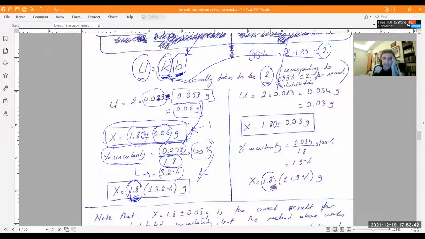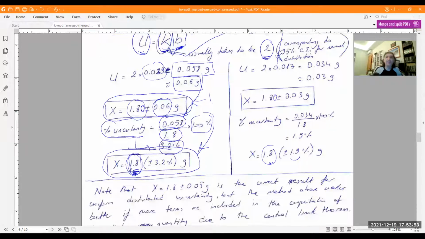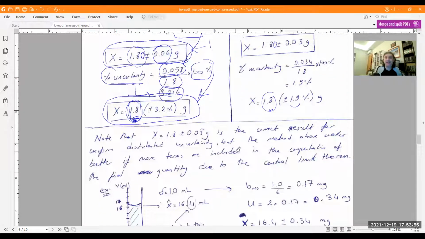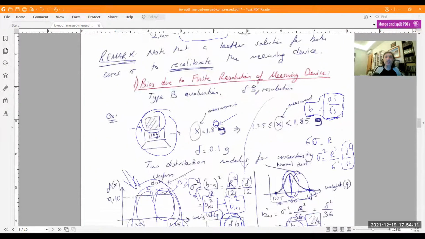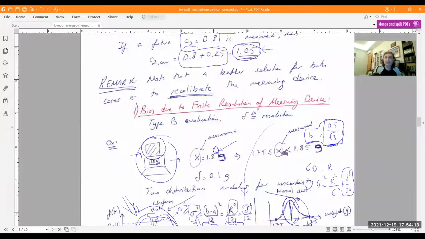And this is 1.8, again the same value, but plus minus 1.9%. As I said, I would have preferred to use this one here. Now, the problem with this specific example is, instead of all these calculations, just by looking at this example, we should have realized that indeed the uncertainty is equal to 0.05 grams, just by looking at this result, right?